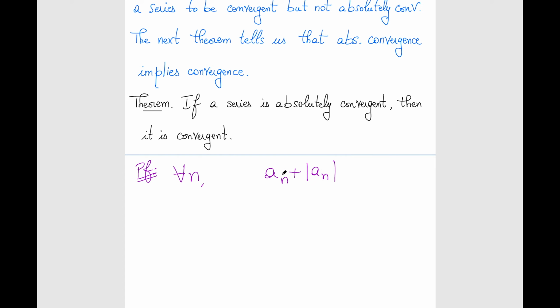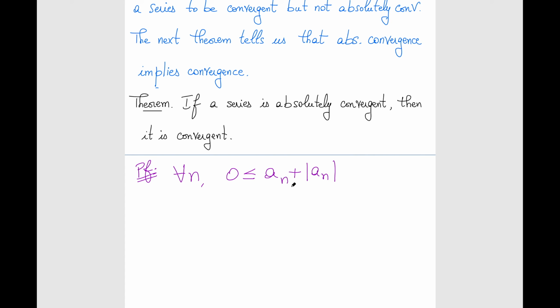And what's a_n minus a_n? Is 0. So in both cases, whether a_n is non-negative or negative, that's going to be 0 or more. Agree? On the other hand, a_n is less than or equal to its absolute value, right? Every number is smaller than or equal to its own absolute value, because that's the best it gets to.